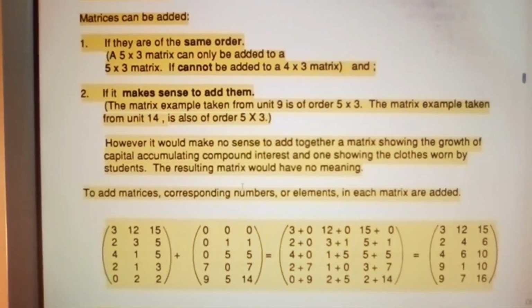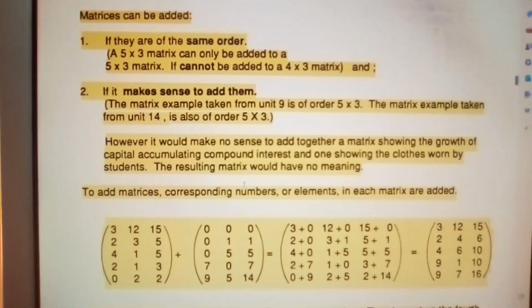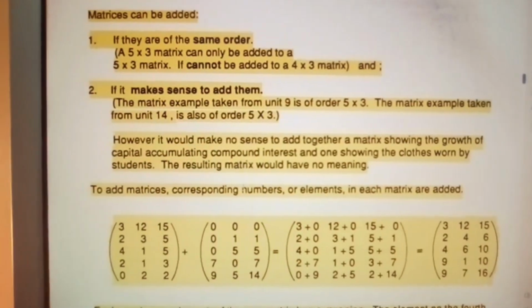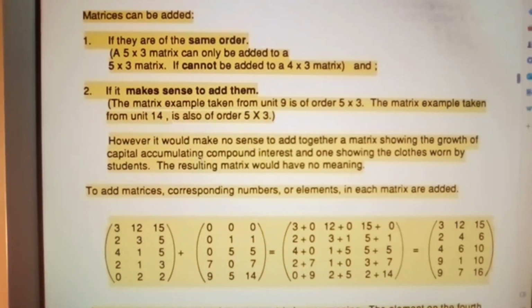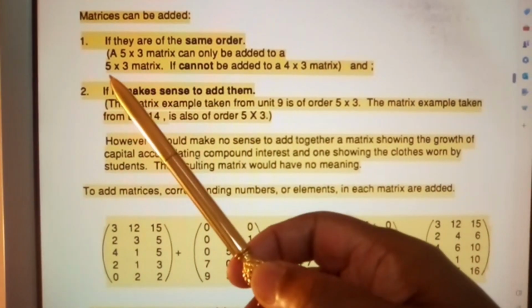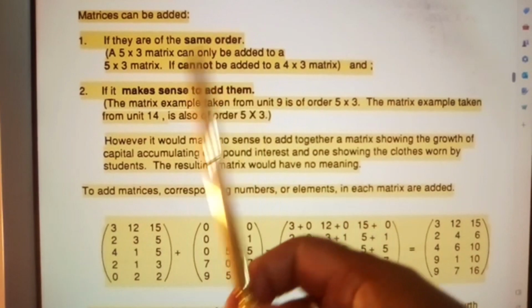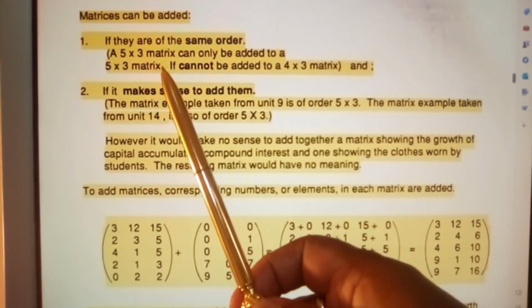Okay, let me just shift a little bit. Matrices can be added, okay, if they are of the same order. A 5 by 3 matrix can only be added to a 5 by 3 matrix.